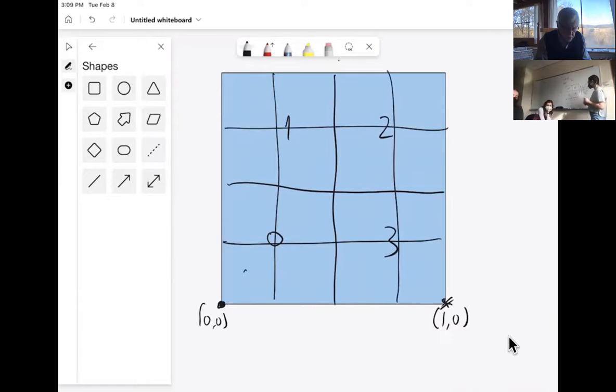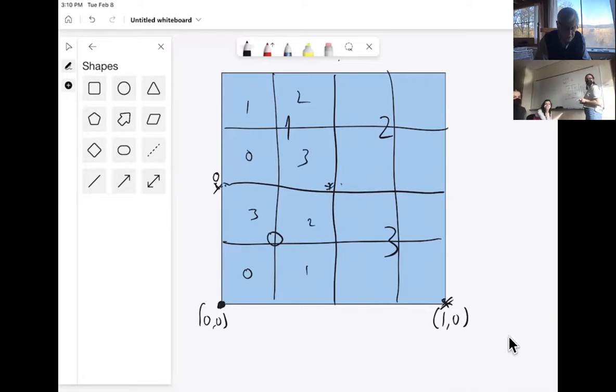We go 0, 1, 2, 3. So that means we've started here, and this time we end up here at this vertex. And this ending vertex becomes the beginning vertex for the next one. And now we end at this one.